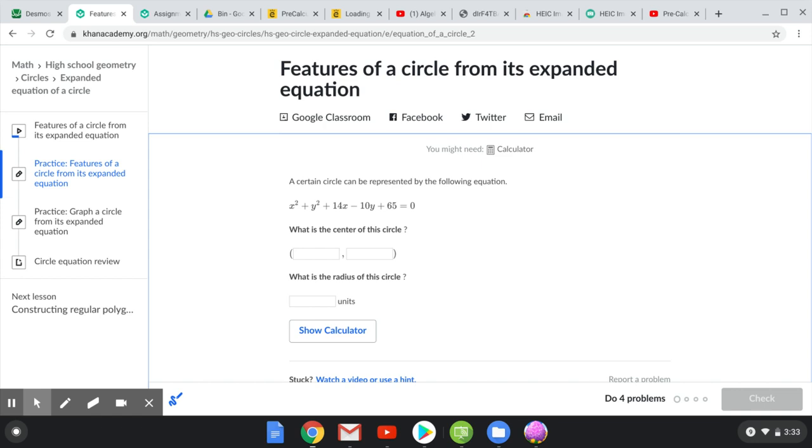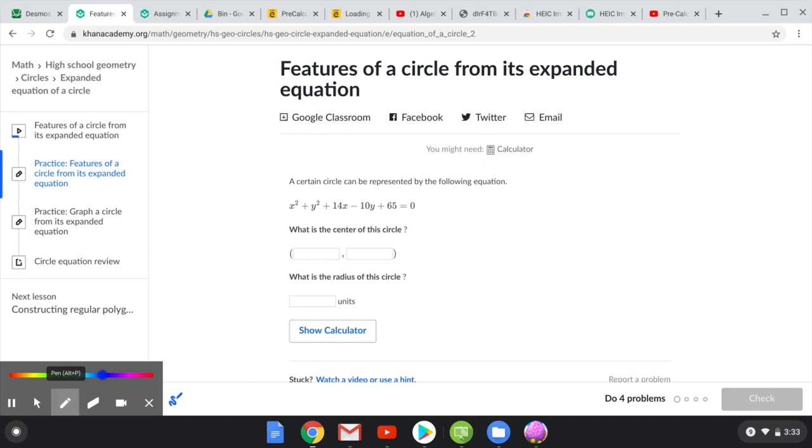Stay with me. All right, so first thing we're going to do is rearrange our equation into something where we can complete the square, because we want to get it into this form.